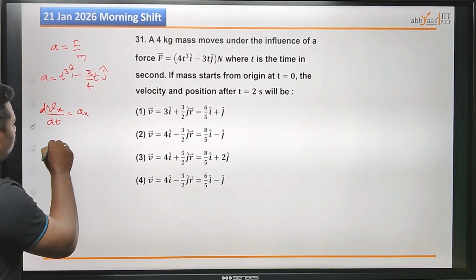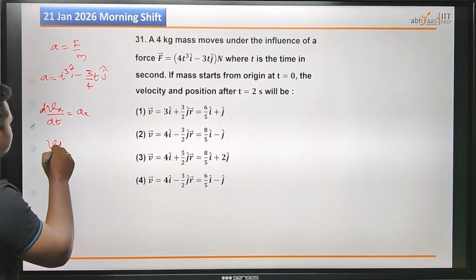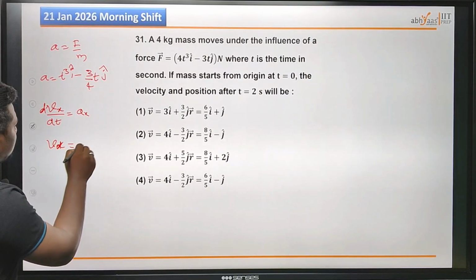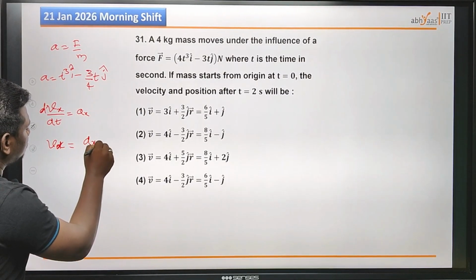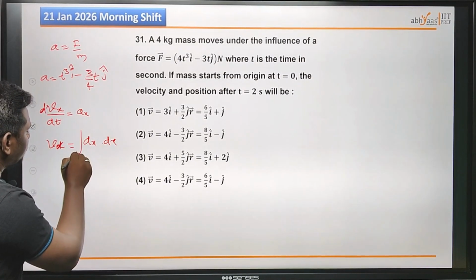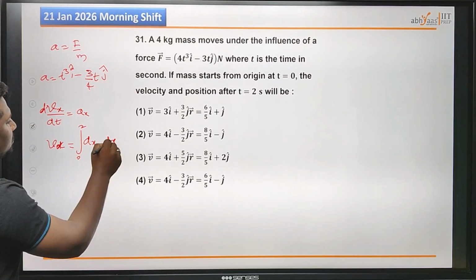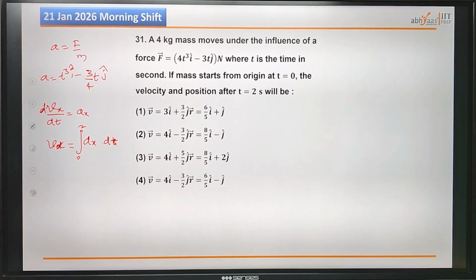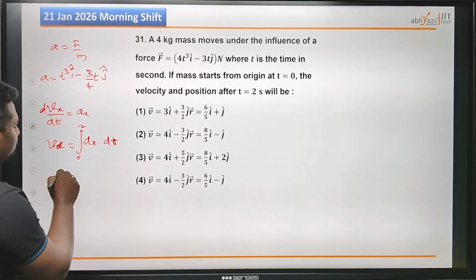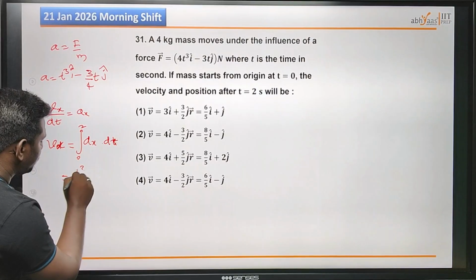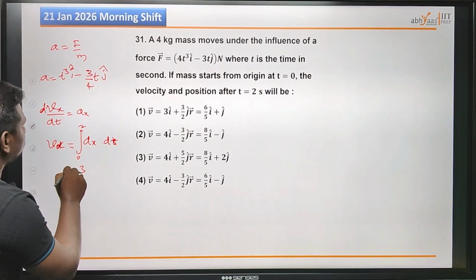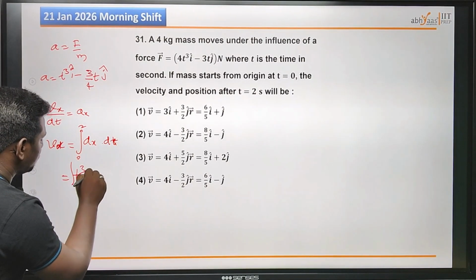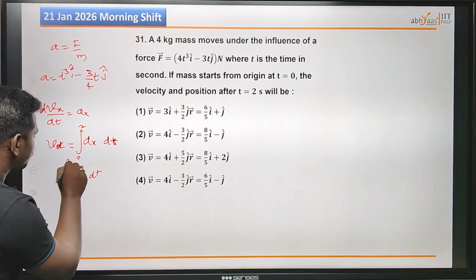So Vx can be written as the integral of Ax dt from 0 to 2. What is the Ax? T cube. So the integral of t cube dt from 0 to 2.